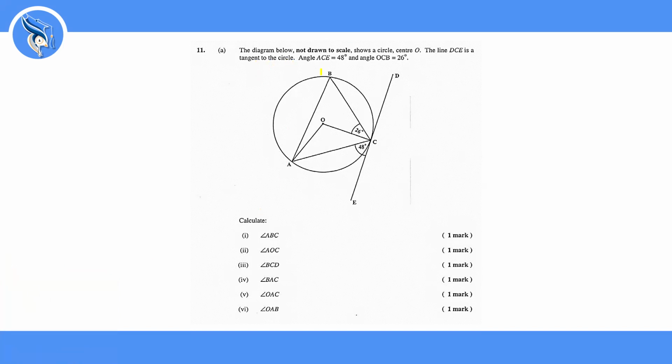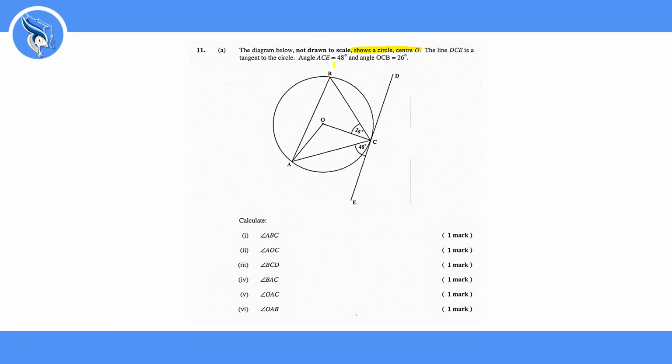The diagram below, not drawn to scale, shows a circle with center O. I told you, if they don't identify it, don't assume that you know where the center is. They will identify it for you. So it has the center O, and the line DCE right here is a tangent to the circle.